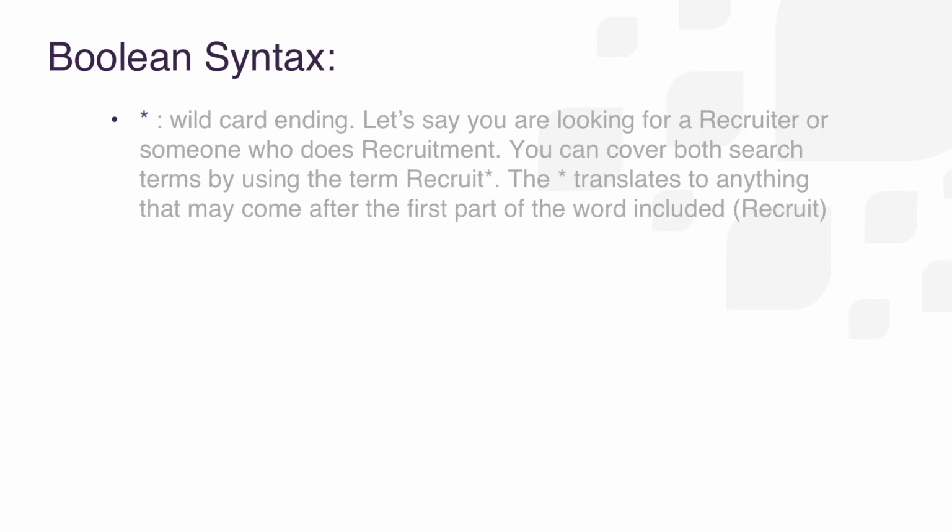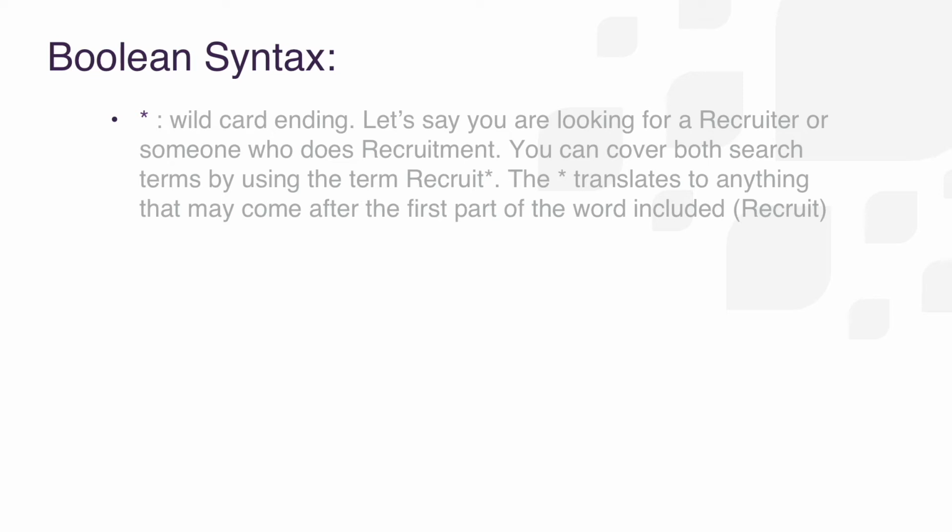There's a key to the Boolean syntax. Some of those variables are the asterisk. The asterisk is kind of a wild card ending. Let's say you are looking for a recruiter or someone who does recruitment. You can cover both search terms by using the term recruit with an asterisk at the end.